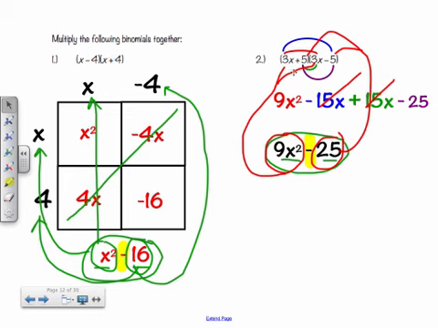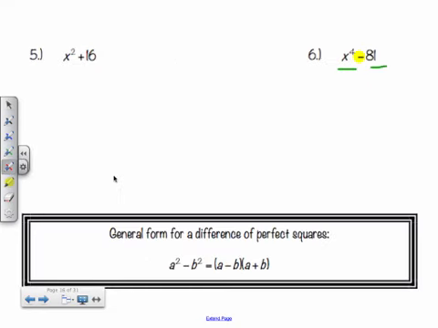In this example, the positive sign came first and the negative sign came second, and they still canceled each other out. What's key is that this term matches up with this one, and this term matches up with this one, but as opposite signs.